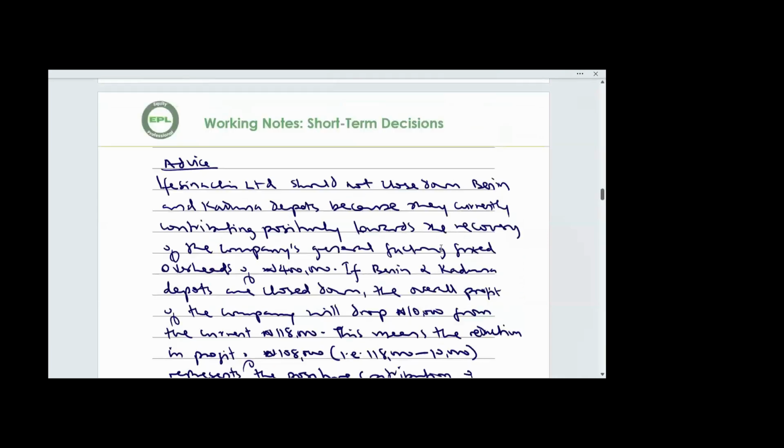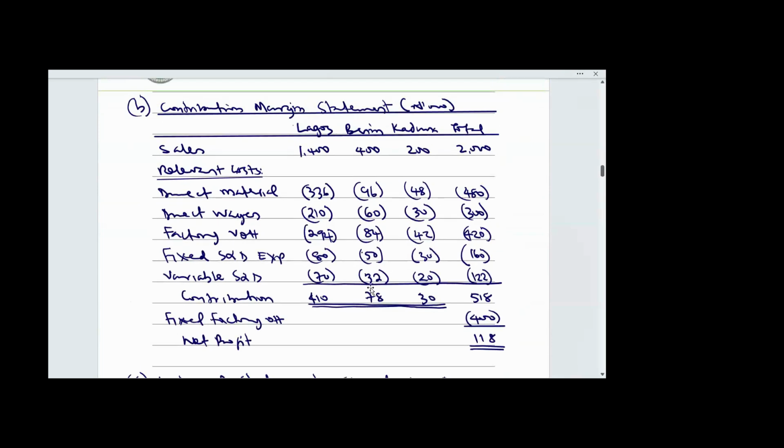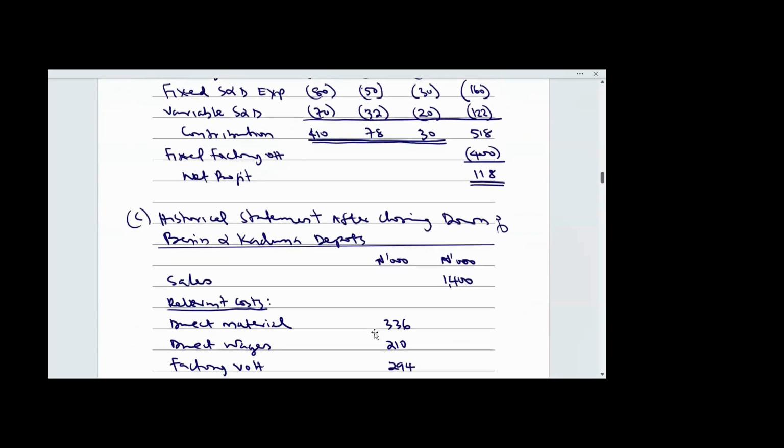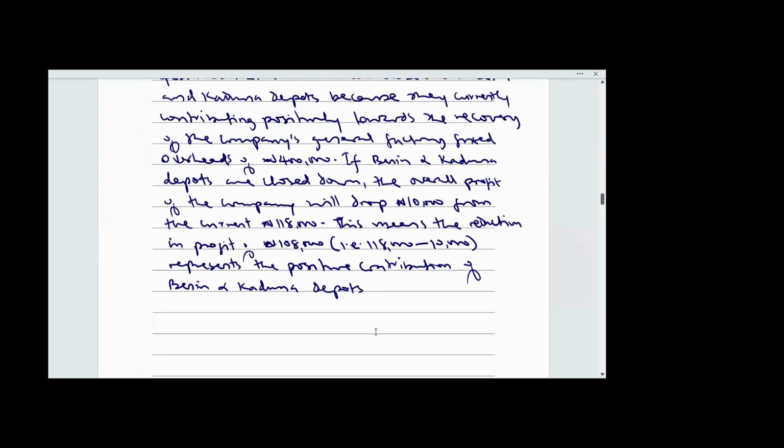So when you look up the contribution of Benin and Kaduna, you see that Benin has 78,000 naira contribution. Kaduna has 30,000. When you add the two together, that's 108,000. The profit has dropped to 10,000 naira now. So that means the positive contribution of Benin and Kaduna is what represents the reduction in profits. And that's why it is advisable that Sinachi should not close down Benin and Kaduna depots. So that is the end of the question.